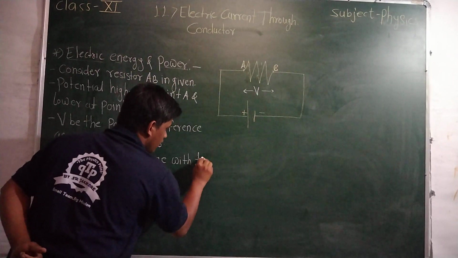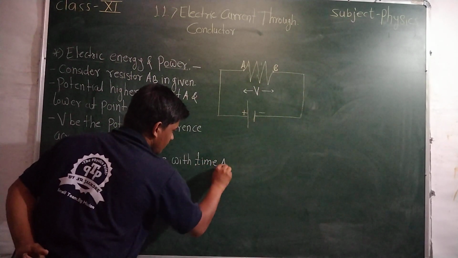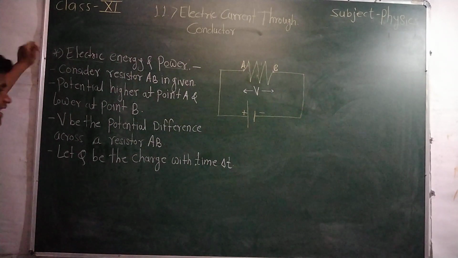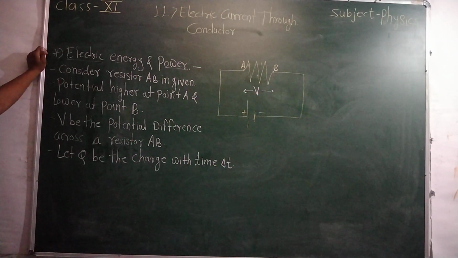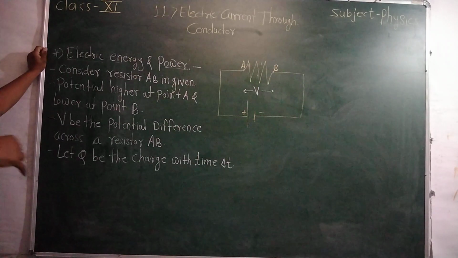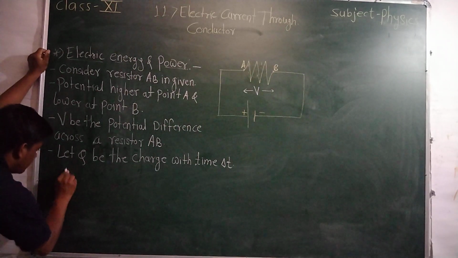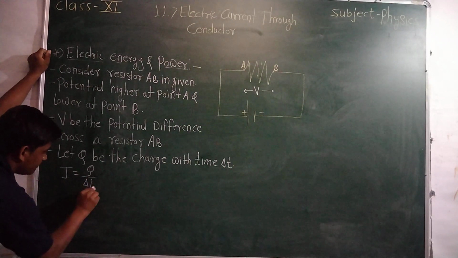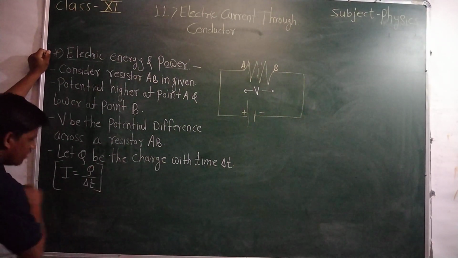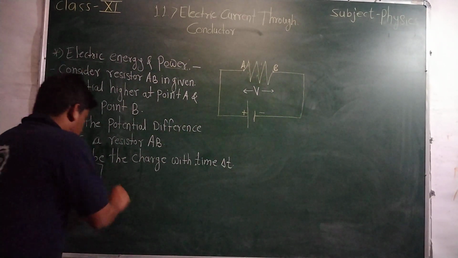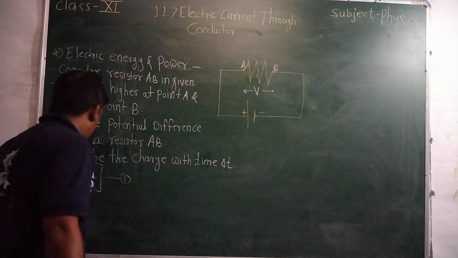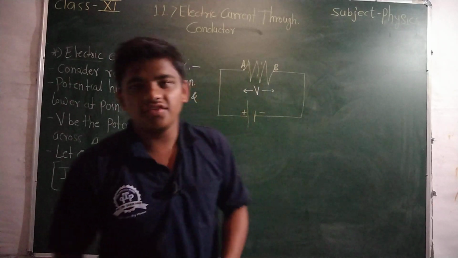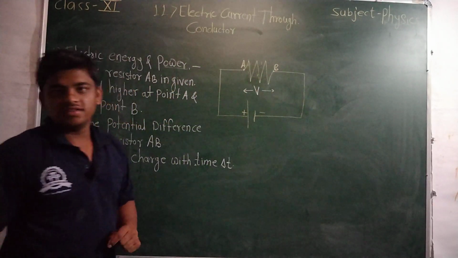We know that the current in the circuit is the rate of flow of charge. Then the current I is equal to Q divided by delta t. This is an important and useful equation, equation number 1. This is the summary.